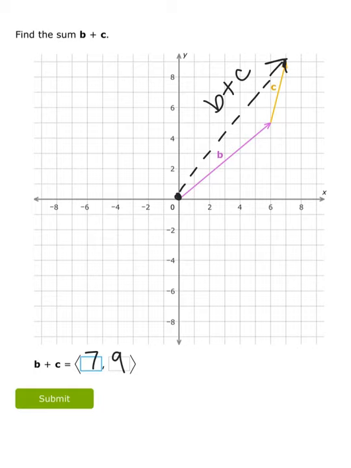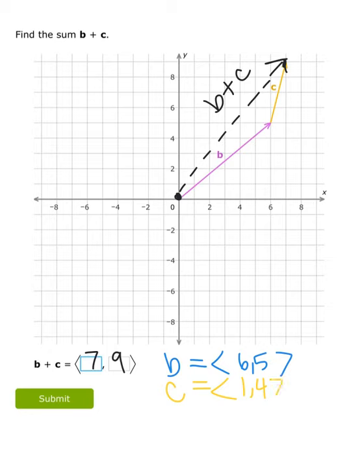We could also look at this by just adding the components of both of these vectors together. So let's start with vector b. I'll do it in blue. The component form of vector b would be 6, 5. And then the component form of vector c is 1, 4.